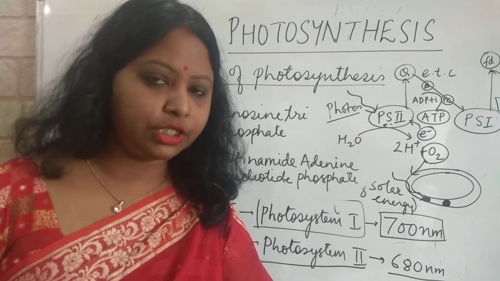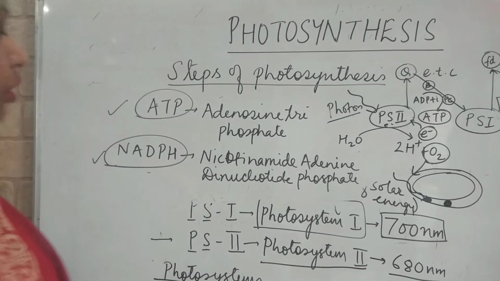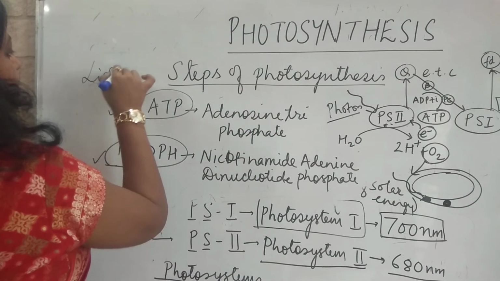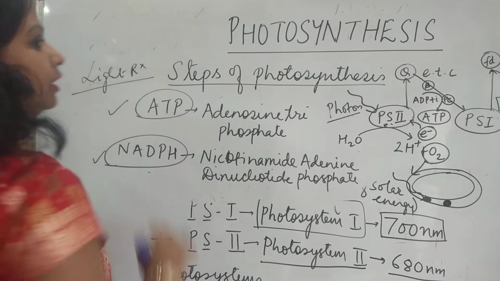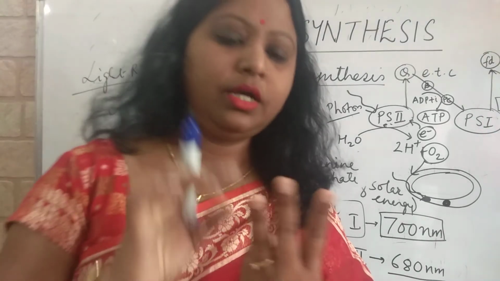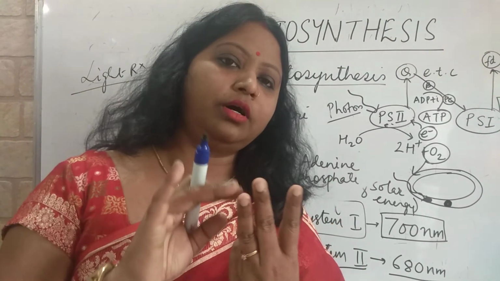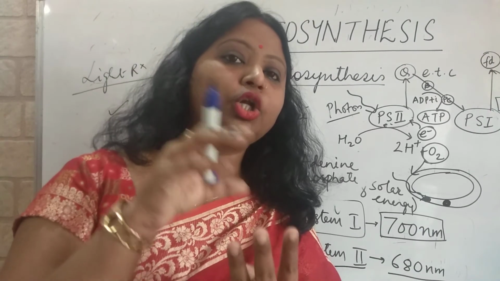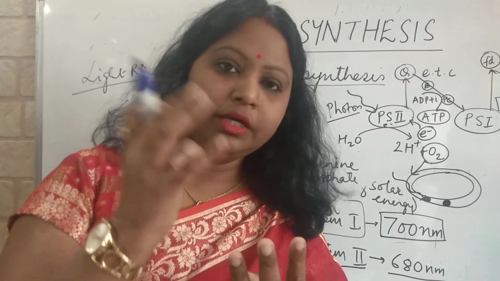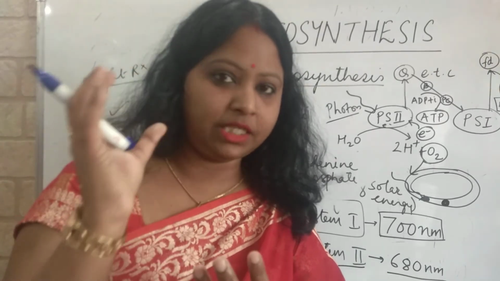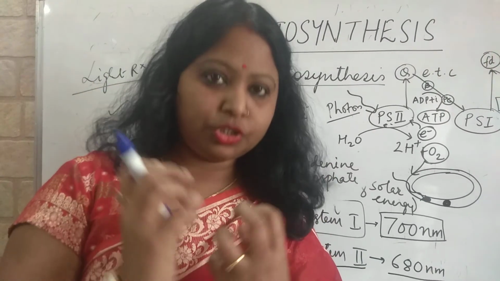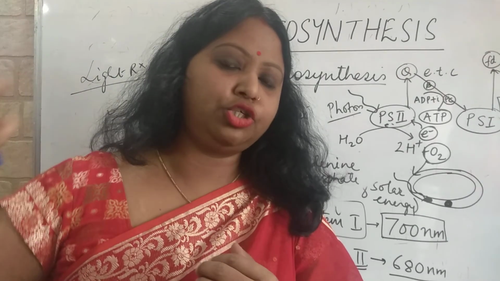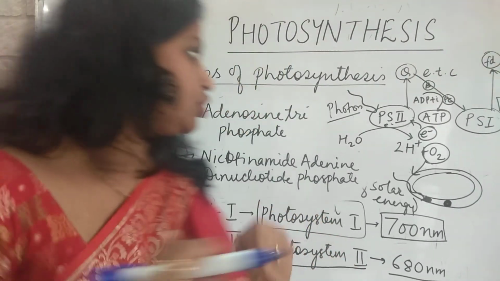I hope it is clear to all of you. So, what is the most important work of light reaction? Sunlight, when a ray of light or wavelength of light falls on a chlorophyll molecule, which has antennas, they will accept those and transfer it to an electron transport chain. Two electron transport chains we have seen.